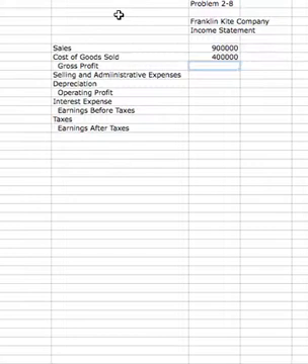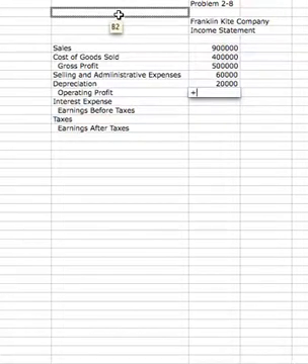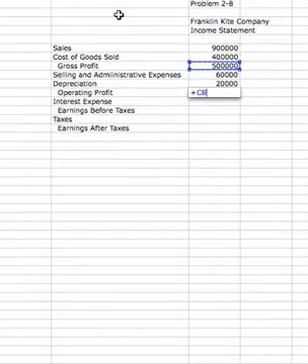We subtract cost of goods sold from sales to arrive at gross profit. Then we have selling and administrative expenses of 60,000. We have depreciation expense of 20,000. And to arrive at operating profit, we'd want to subtract those from gross profit.